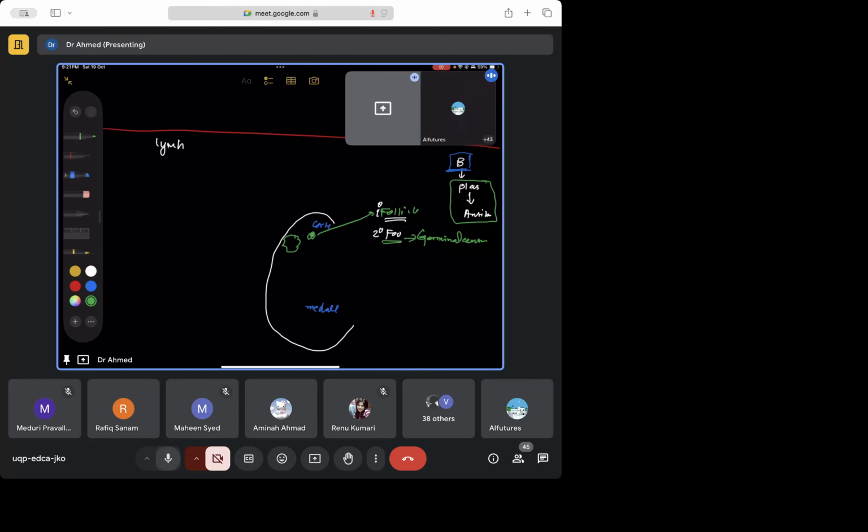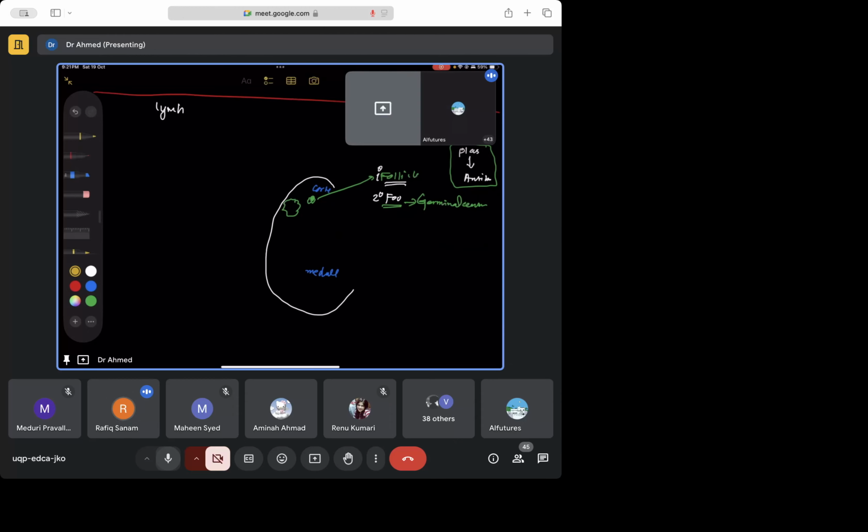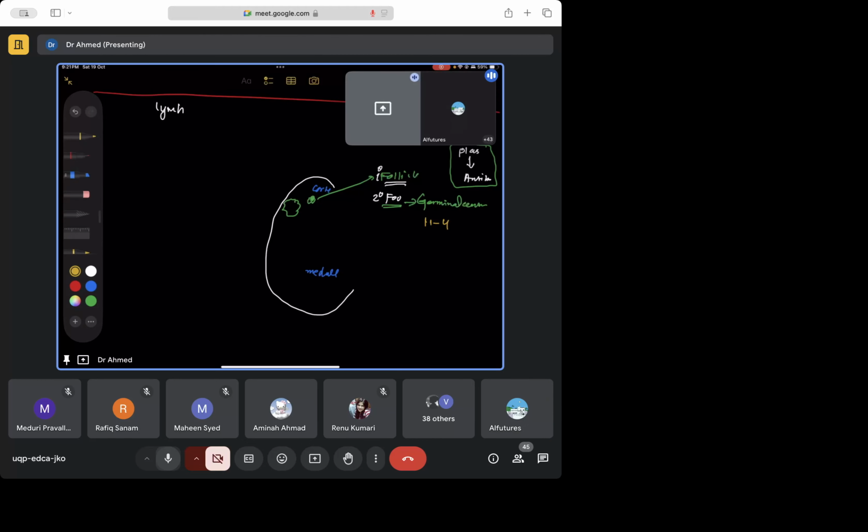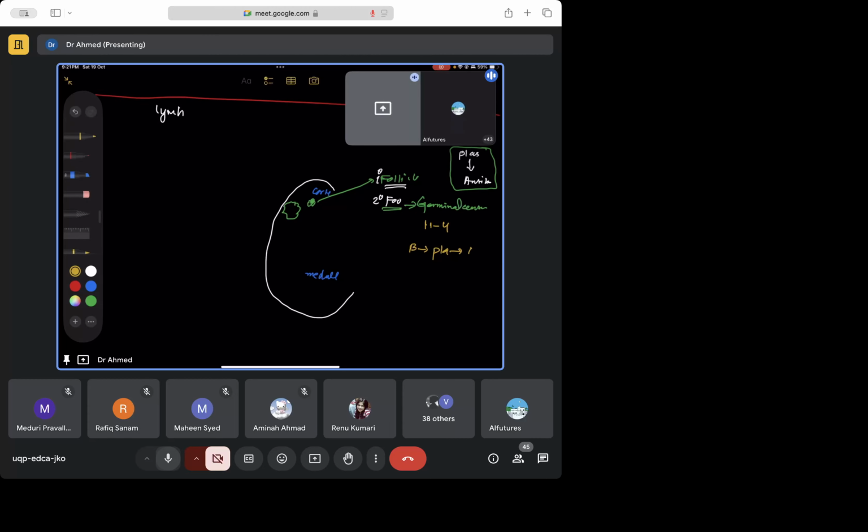Okay. Do you guys know what isotype switching is? Okay. The idea is that normally, whenever your B cells convert into plasma cells, the first antibody which they release is IgM.